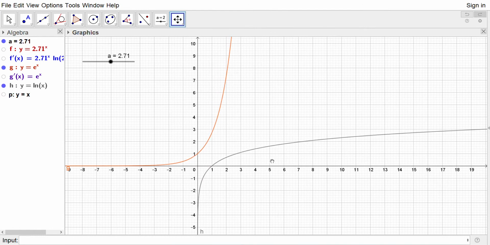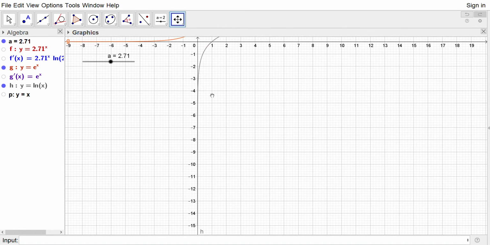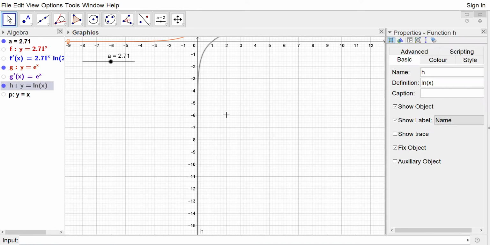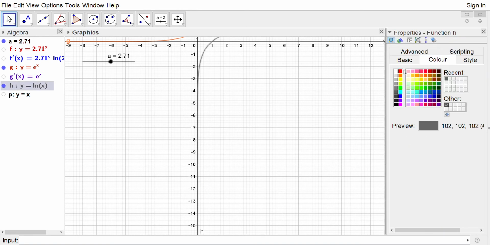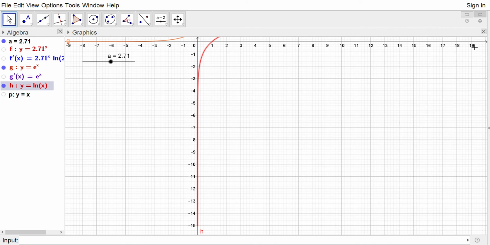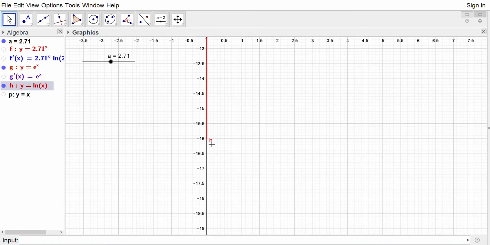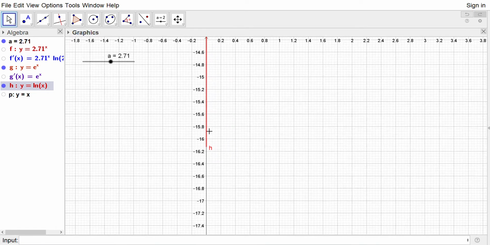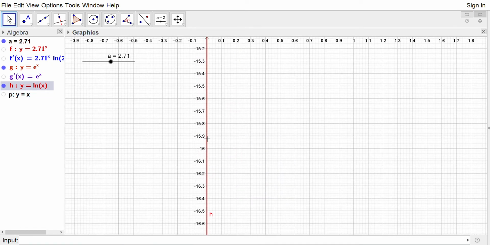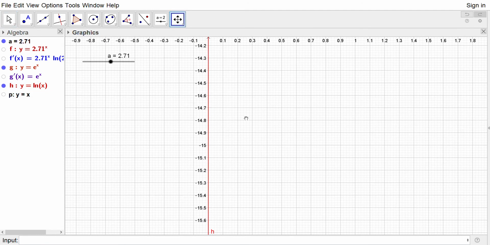And we also see now that our range is anything. If I change the colour of this so that we can actually see that it's overlapping on that axis, so if I make it red, we can see that the computer's struggling to plot it because the numbers are so small. I can, in theory, go to very, very low numbers.